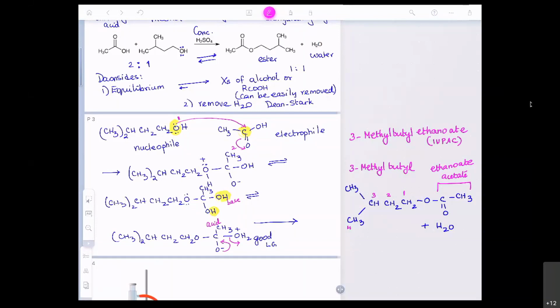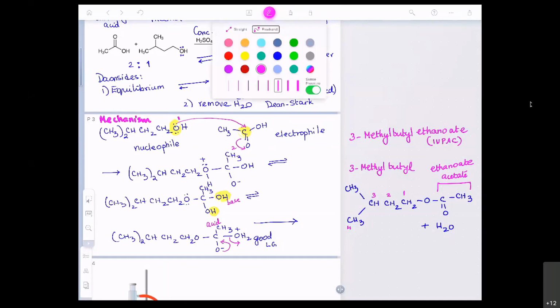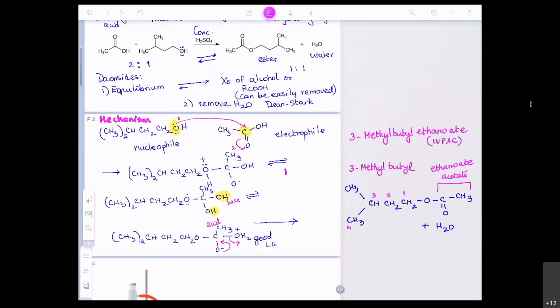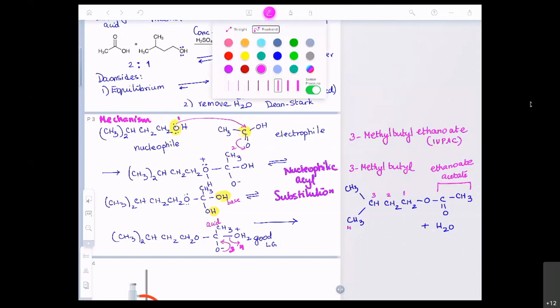So that is the mechanism of this reaction. If you want to give it a name, basically what type of mechanism it is, it is called nucleophilic acyl substitution. The nucleophilic acyl substitution is the mechanism that has arrows 1, 2, 3, 4.